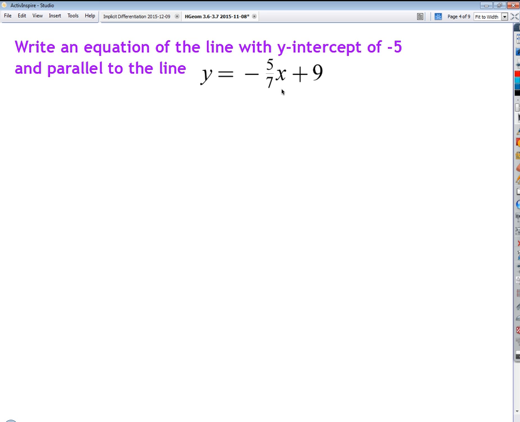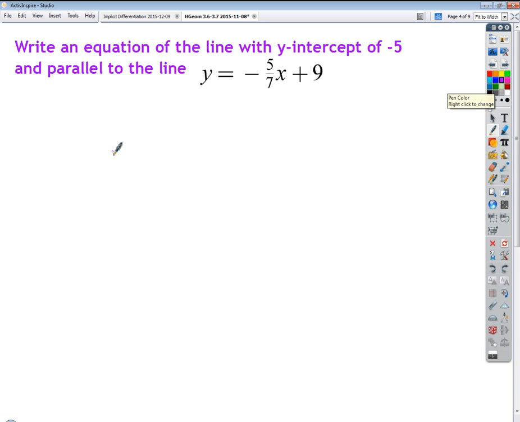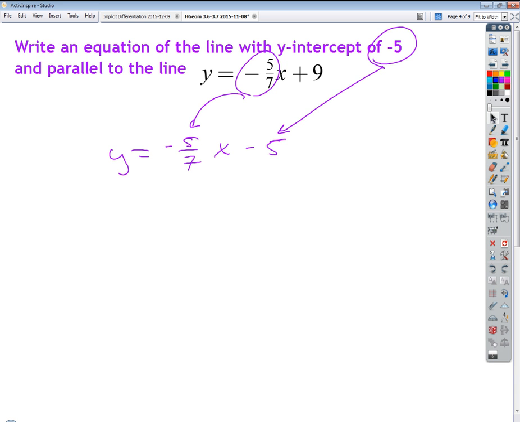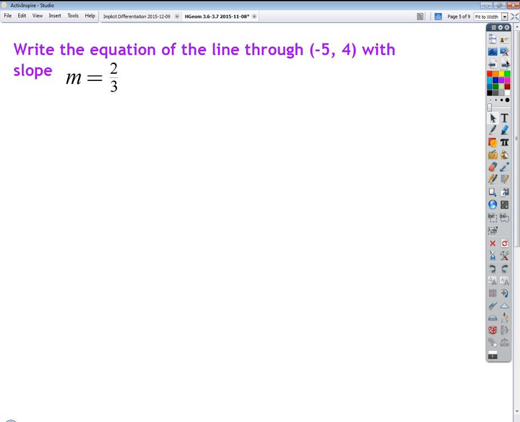So there's our slope, there's our new y-intercept, piece of cake, right? We just get y equals negative 5/7 x minus 5. That's it. No biggie. We're just getting warmed up. Okay, how about that one?